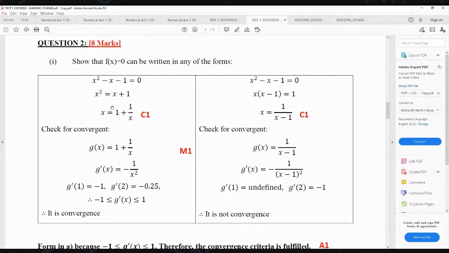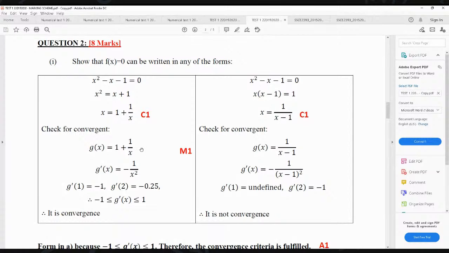You can find here x plus 1 on your right hand side and you divide by x for both parts. For this one, x squared minus x minus 1, you want to make x on your left hand side, you bring 1 to your right, then factor x minus 1, and x on your left hand side, you will get x equal to 1 over x minus 1.